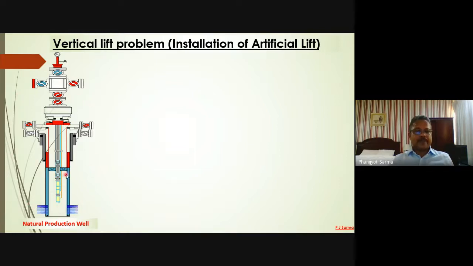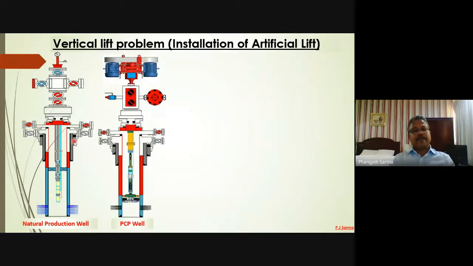The well has sufficient formation pressure, reservoir pressure, to lift through the vertical section as well as overcome the back pressure from the surface facilities. Over a period of time, because of production, reservoir pressure declines, and it needs artificial lift installation so that it assists the lifting in the vertical section.